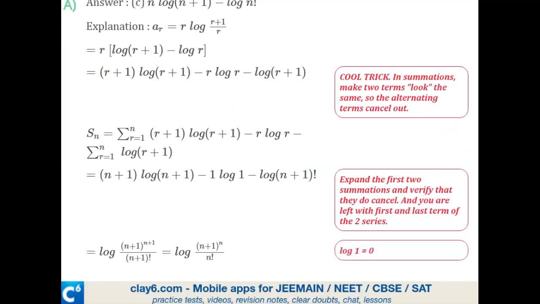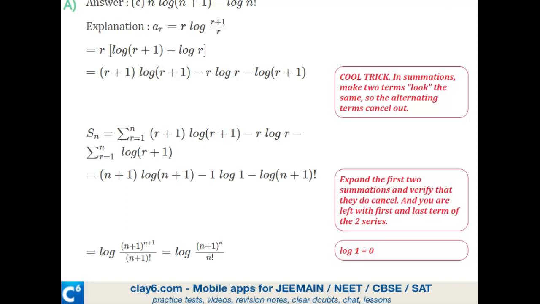Now (n plus 1) times log (n plus 1): a log b is log of b power a. So log of (n plus 1) power (n plus 1) minus log (n plus 1) factorial. Now log a minus log b is log a by b. So log of (n plus 1) power (n plus 1) by (n plus 1) factorial. We cancel the n plus 1, so we end up with log of (n plus 1) power n by n factorial.